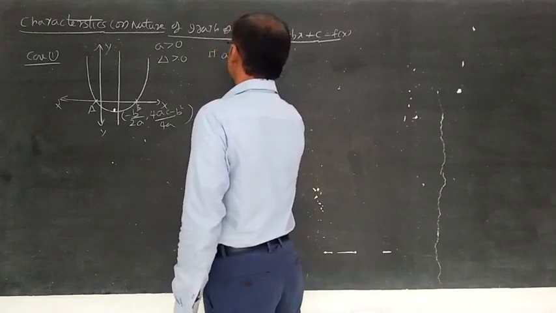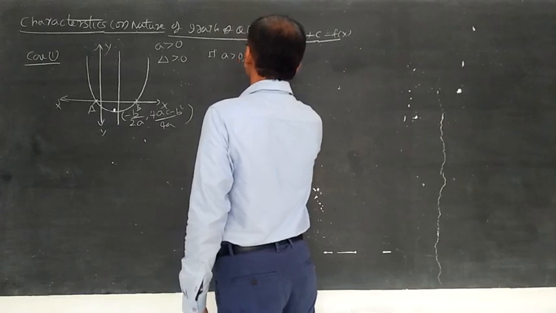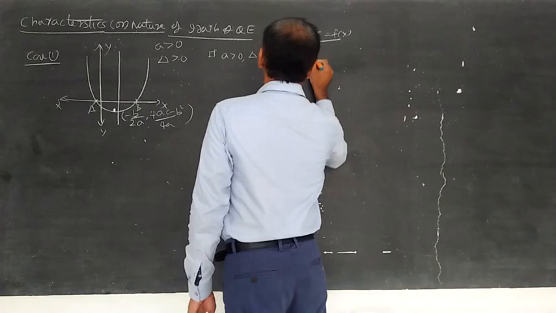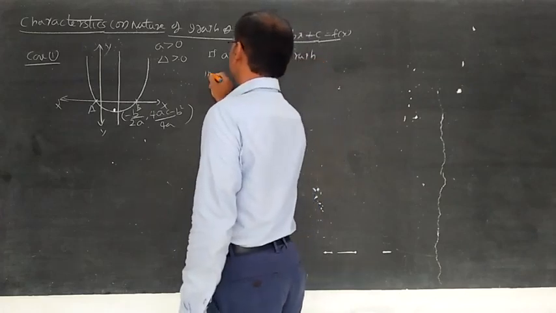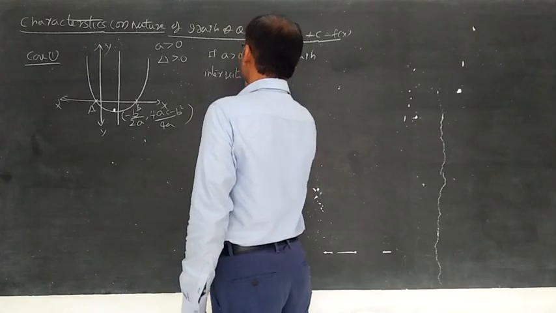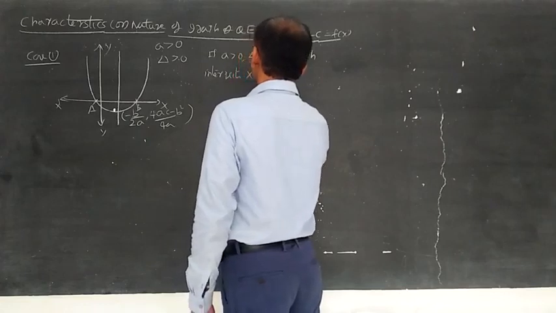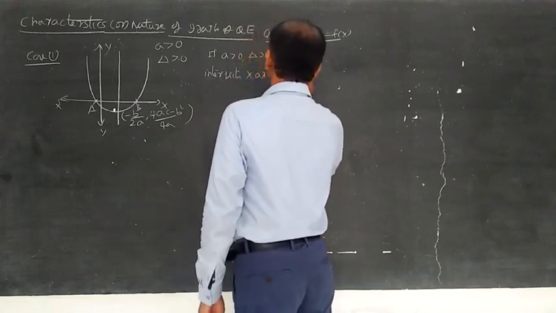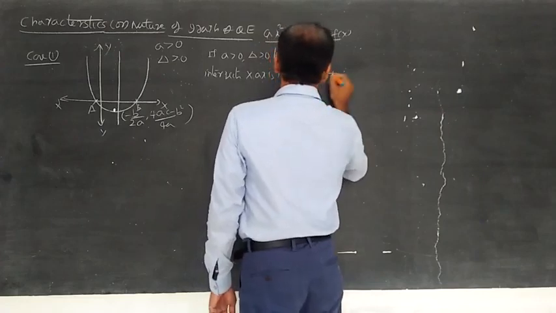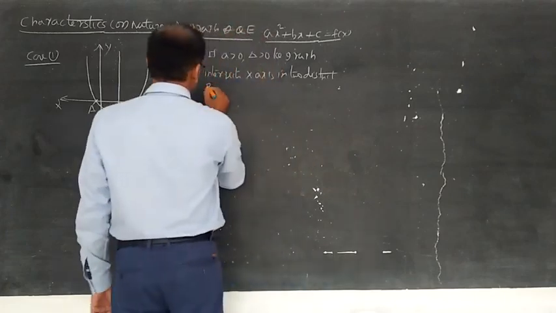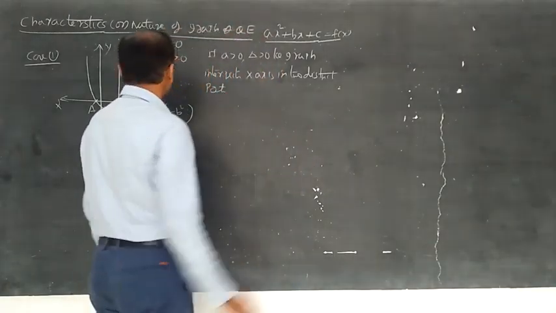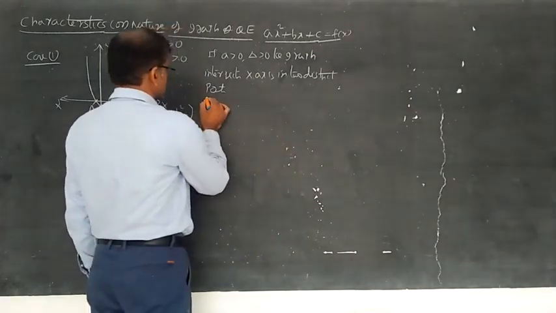If a greater than 0, comma delta greater than 0, the graph intersects the x-axis in two distinct points.